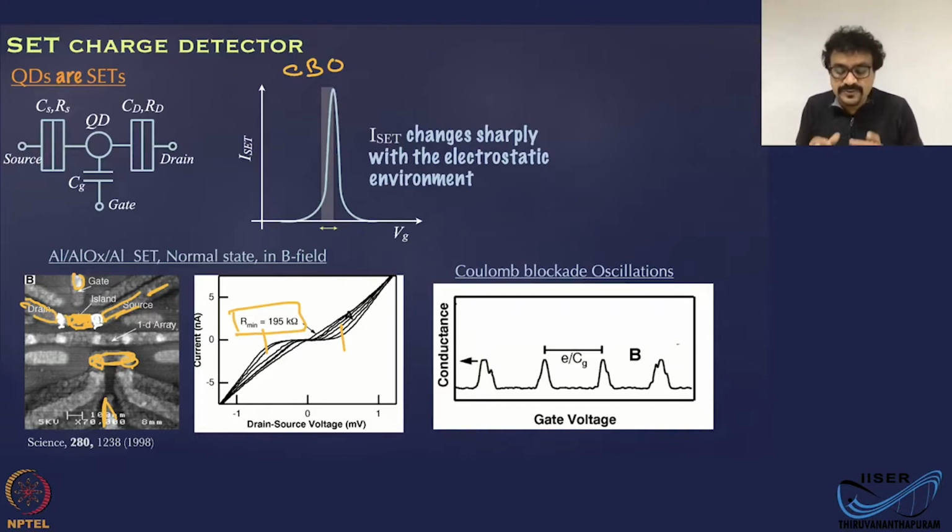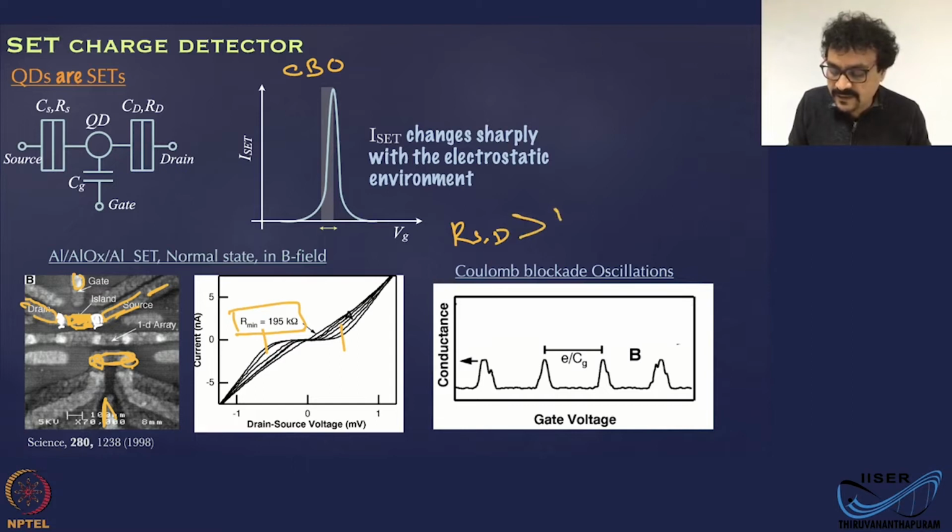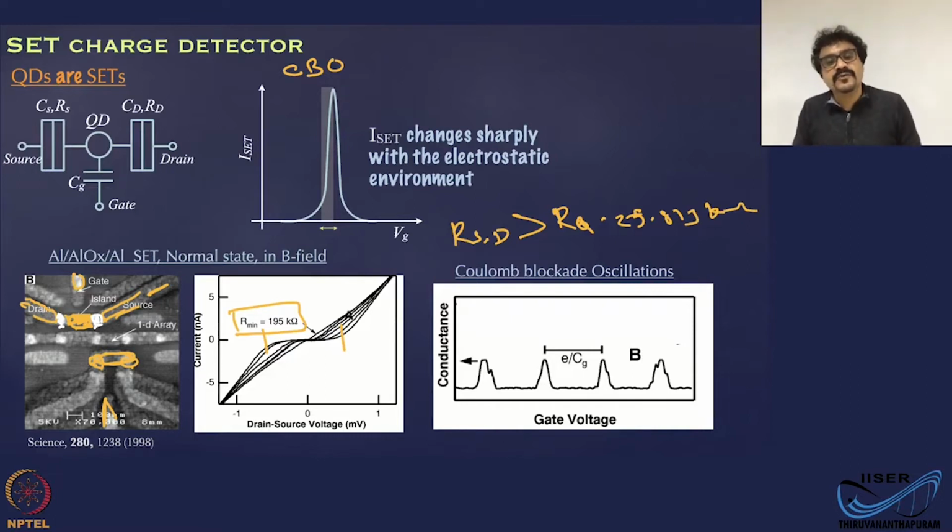So you need to have Rs and Rd greater than the resistance quantum or quantized resistance, that is 25.813 kilo ohm, for observing Coulomb blockade oscillations and seeing the charging effects.